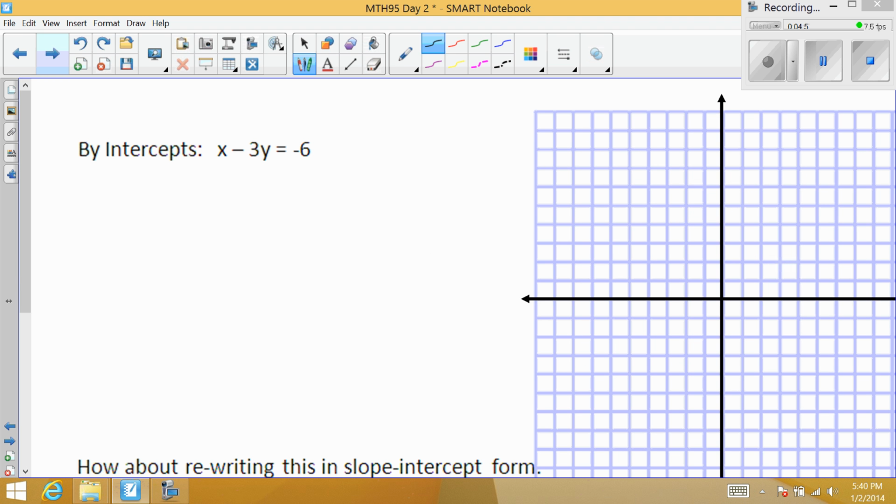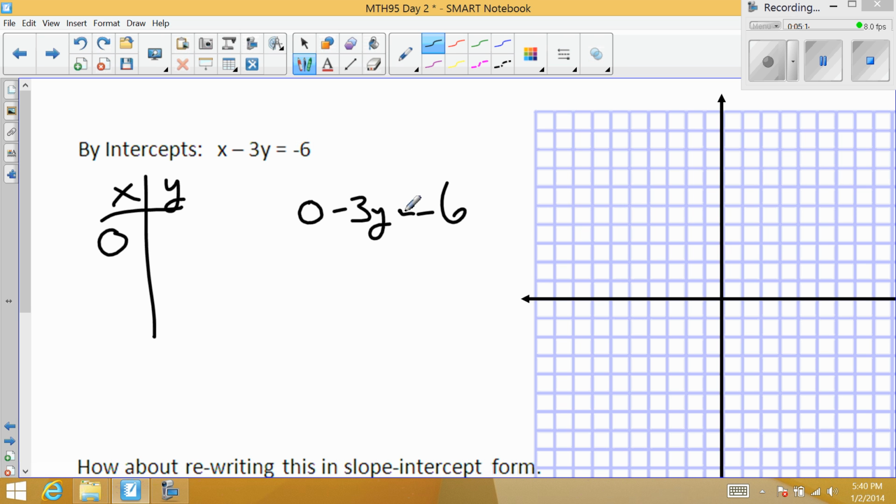And then graphing by intercepts, this is a new one for most of you. Essentially what we're doing is finding 2 points, but the 2 particular points we're finding are the intercepts. So if I let x equal 0 and solve for y, I get negative 3y equals negative 6. Divide both sides by negative 3, and I get y equals 2.